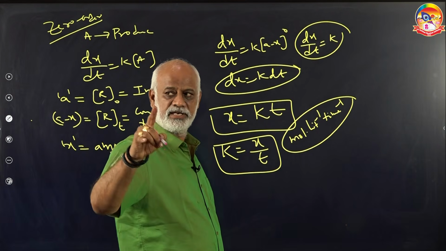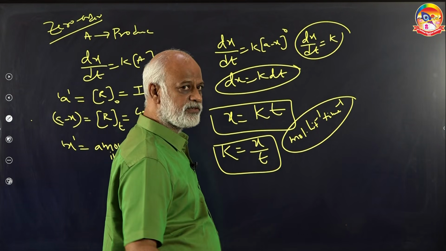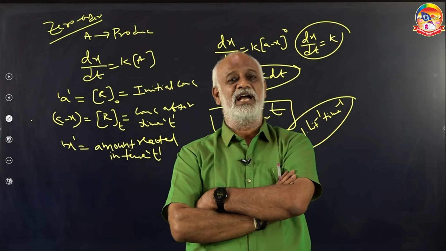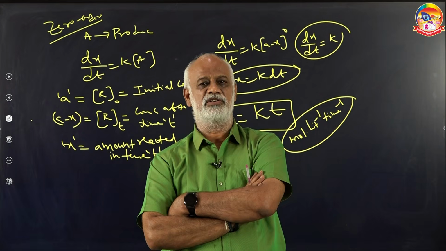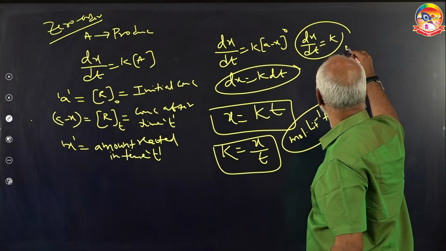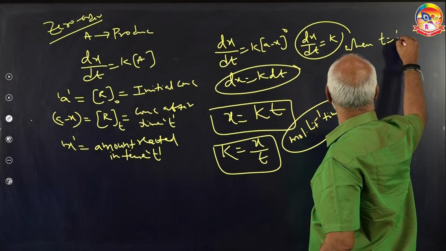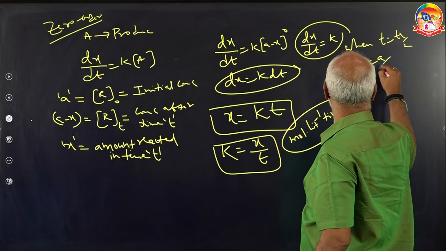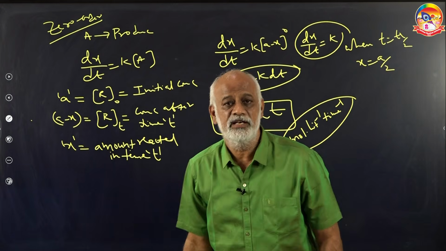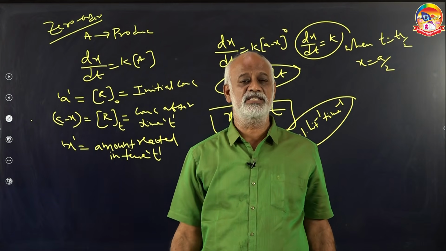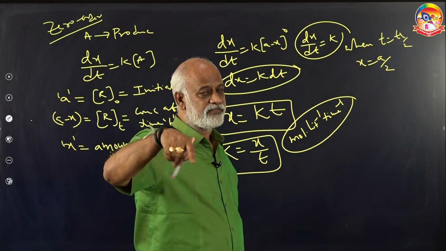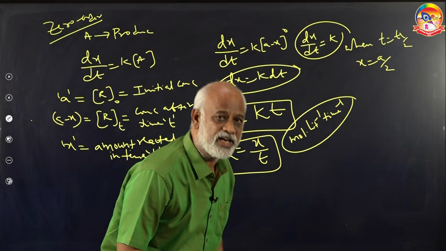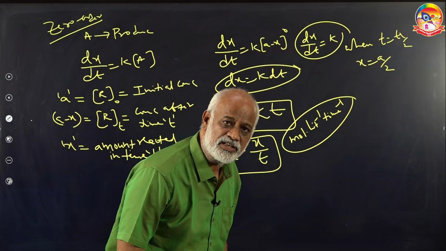Then the next question, what is half-life? Generally, English itself is telling: the time taken for half of the chemical reaction to get completed. At t = t half, x = a by 2. What is a? Initial concentration. What is x? Amount reacted. When half of the reaction is over, initially it was a, now it is a by 2.